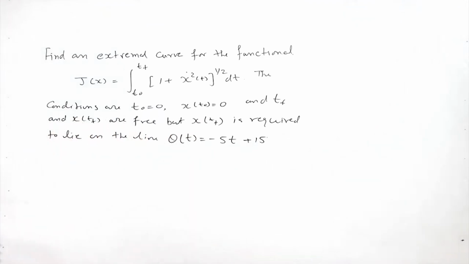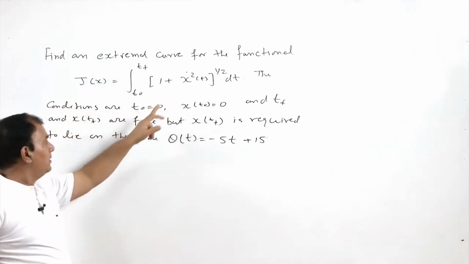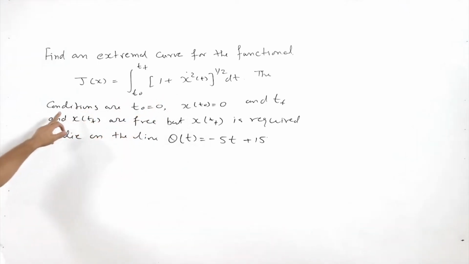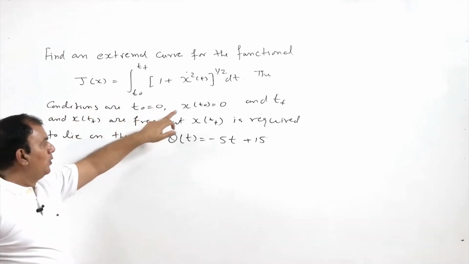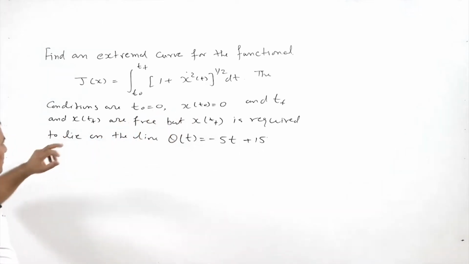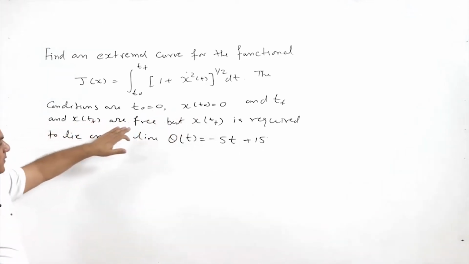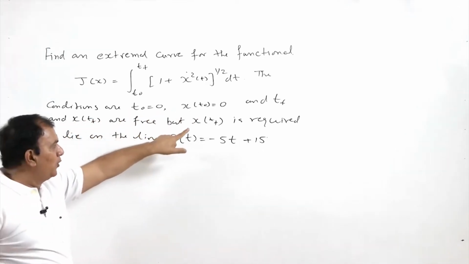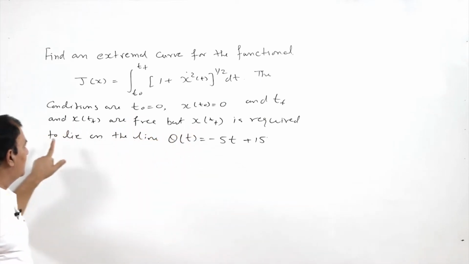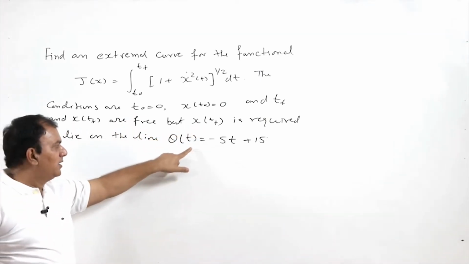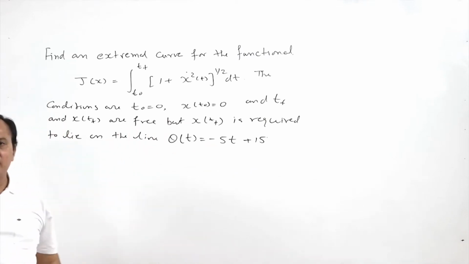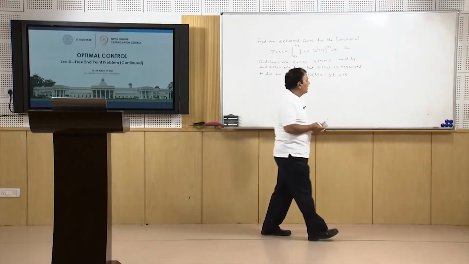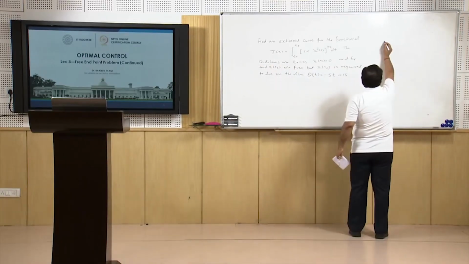So, my problem is to find an extremal curve for the given functional with the boundary conditions given as t0 equal to 0, xt0 equal to 0, and tf and xtf free, but with the condition that xtf lies on the line theta t equal to minus 5t plus 15.